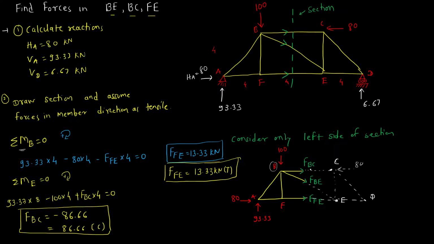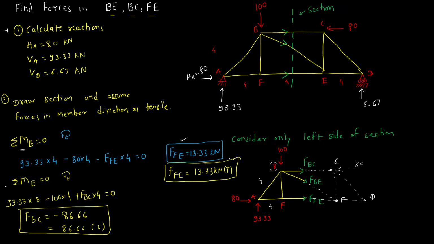Now what are the remaining forces? 80, 93.33 and FE. So using the moment equation, 93.33 into 4, so this is 4, this is also 4. So 93.33 into 4 minus 180 into 4 minus FFE into 4. By doing this, we will get the value of FFE is equal to 13.33. As it is coming positive, that means it is in tension.